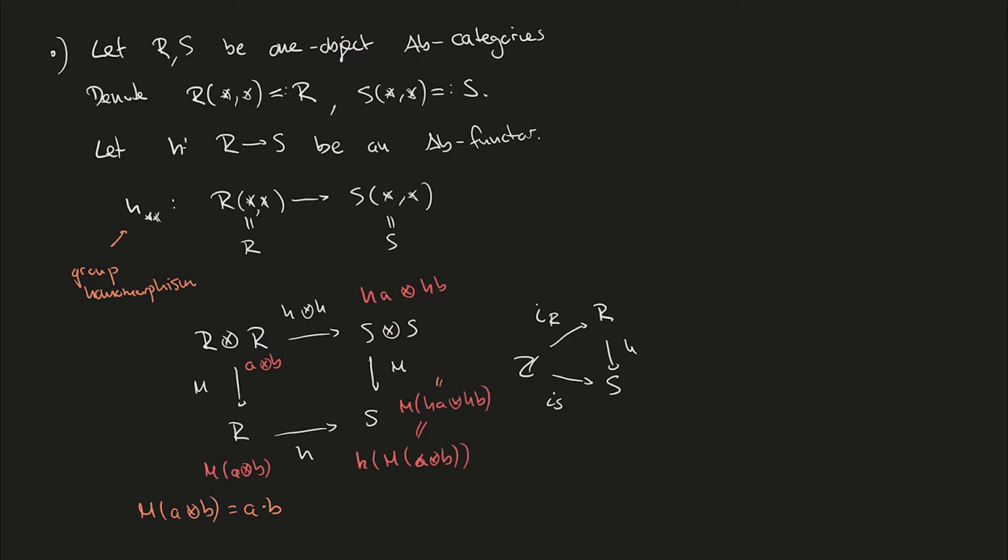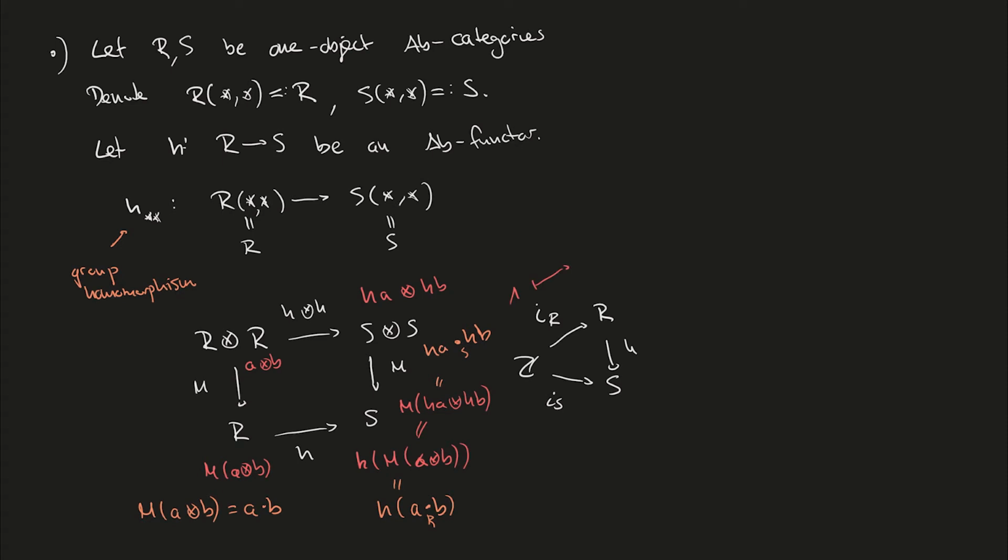This is just saying that Ha times Hb should be equal to H of a times b, where in the top case we're performing the multiplication in the ring S, and in the bottom case the multiplication is happening in R. Now recall again that the unit for multiplication in the ring R was given by the image of the element 1 under this identity map.